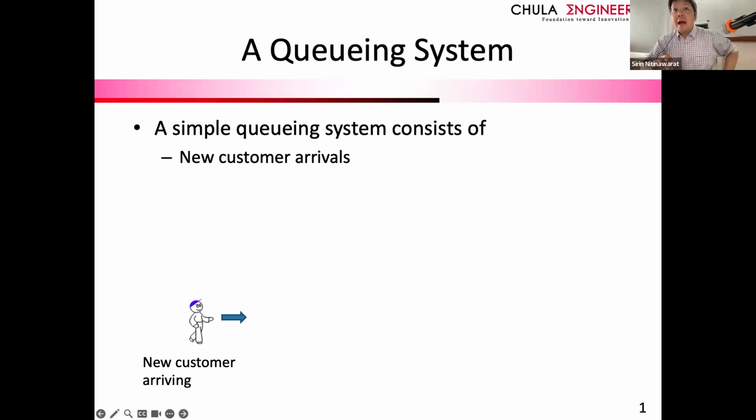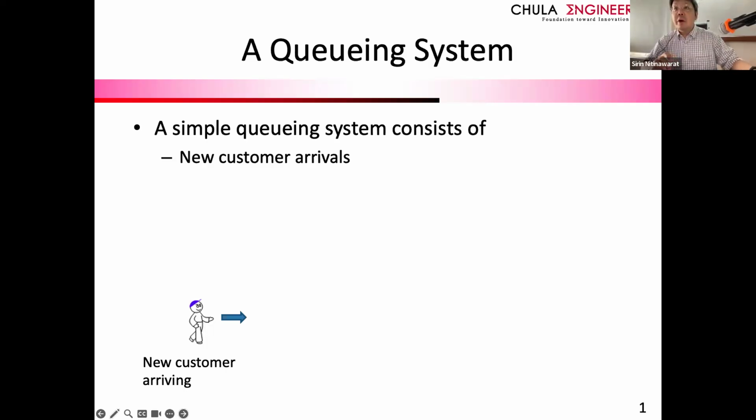Other than packet queues, what other queues have you encountered in everyday life? What is your primary physical example? Like if you go to a cafe, then your orders are queued. For example, you go to Amazon Cafe.